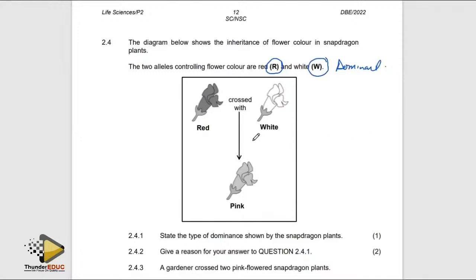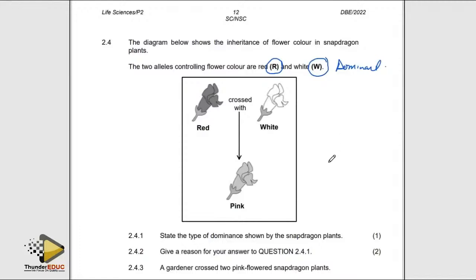So if both of them are dominant, here it's showing us that you have a dominant red crossing with white, and it gives you pink. When you have red and you have white, we produce pink. So pink is neither red nor white, but is an intermediate between the two.